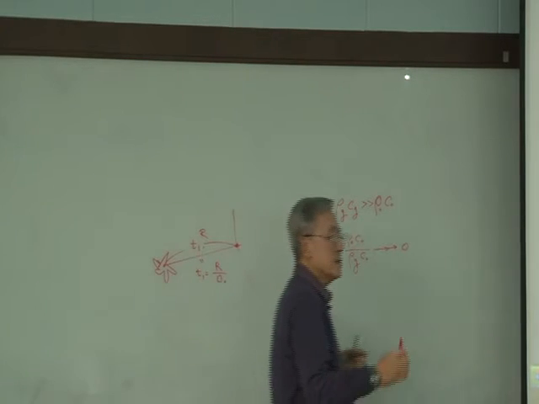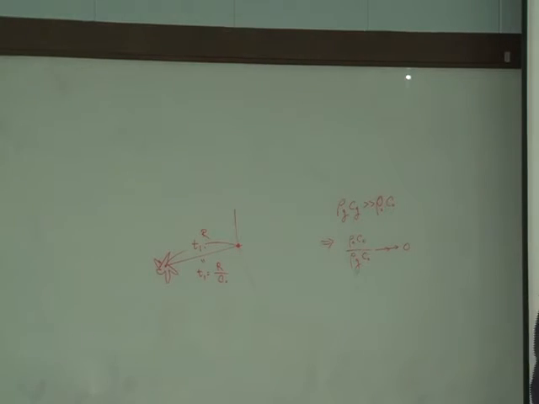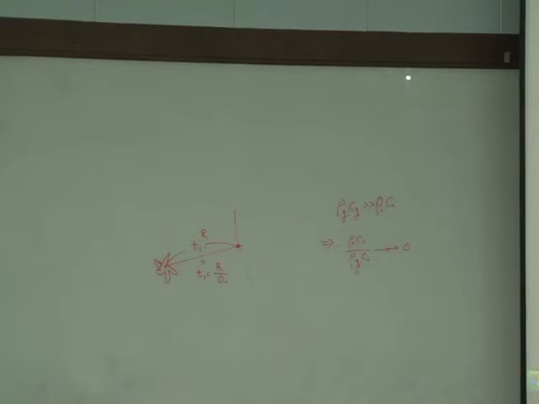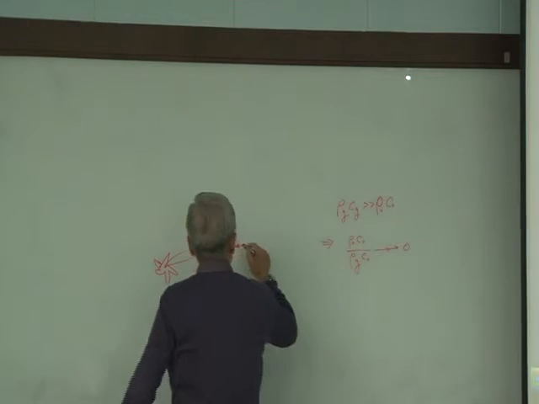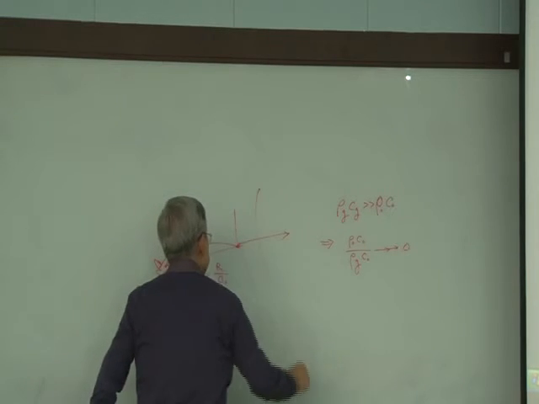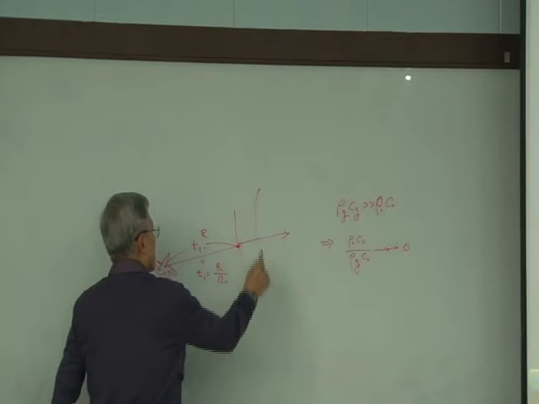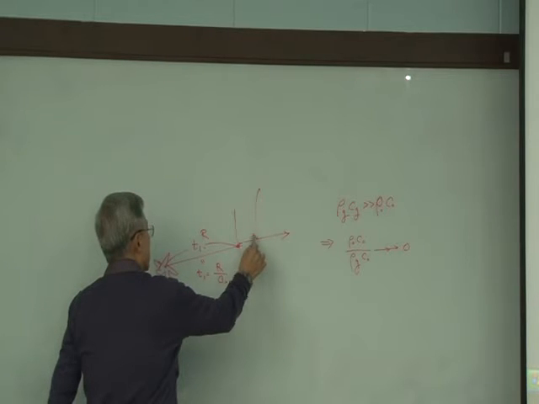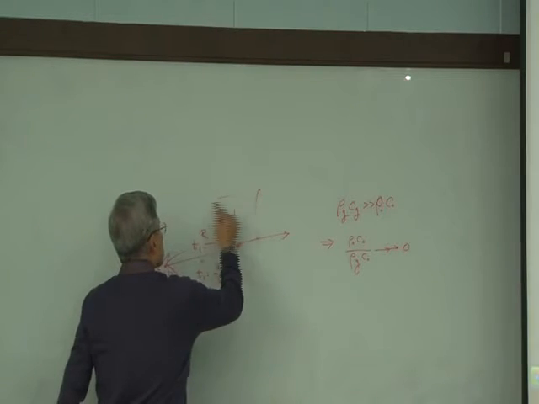So target-wise it is calm, no shock experienced until the time T1 has passed, and at the time the shock wave hits the target, everything is calm. So T minus T1 is when the shock wave passes by. So what happens after it passes up to here, which is really total time T?